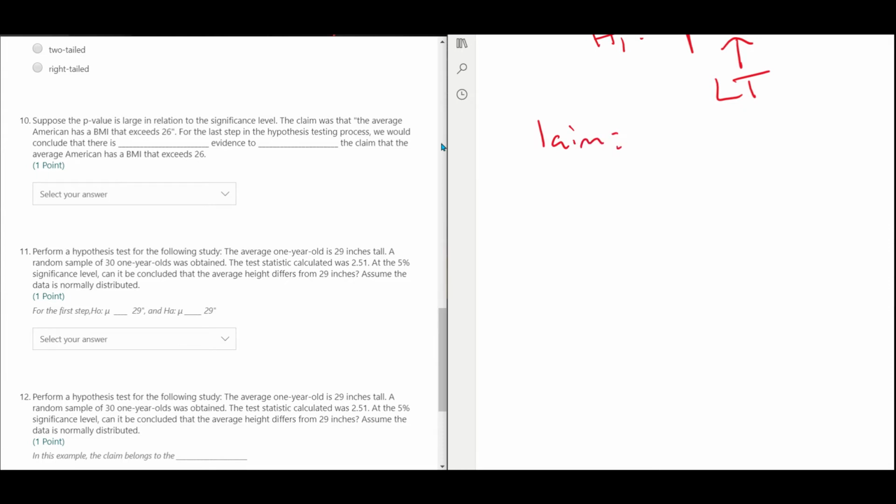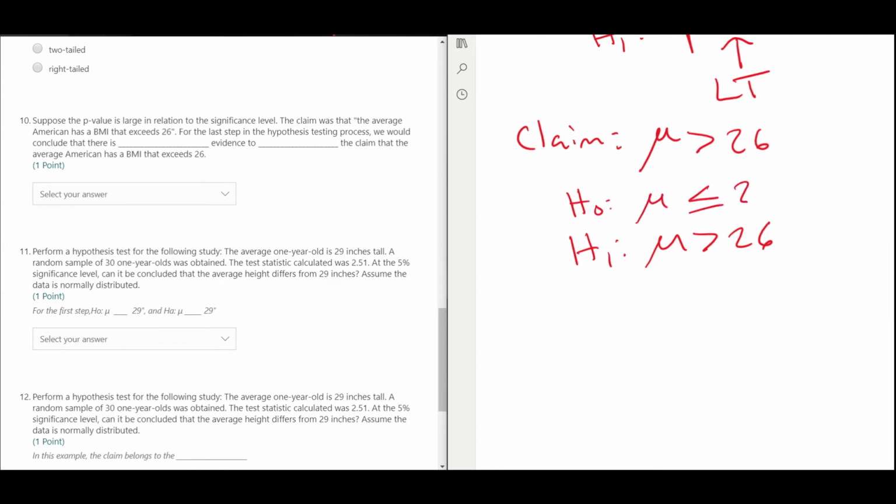The claim is that the average, which is mu, American has a BMI that exceeds 26, so it's going to be greater than 26. This is a statement of inequality, so this belongs to the alternative hypothesis. Which means that the null hypothesis is going to be the opposite of that, less than or equal to. So that's the null, and this here is our claim.